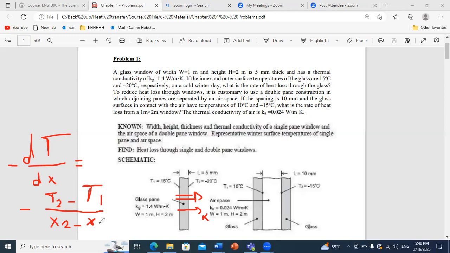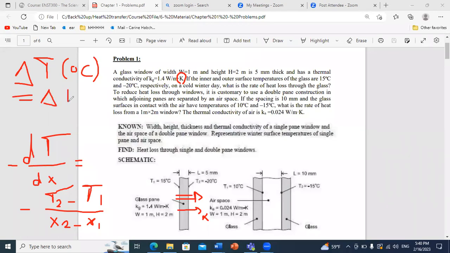The temperature from the outer side is minus 20. You can keep temperatures in degrees, even if here they told you watt per meter Kelvin, because we have seen that delta T in degrees is equal to delta T in Kelvin, because the difference between a temperature in degrees and in Kelvin is a constant, which is 273.15.